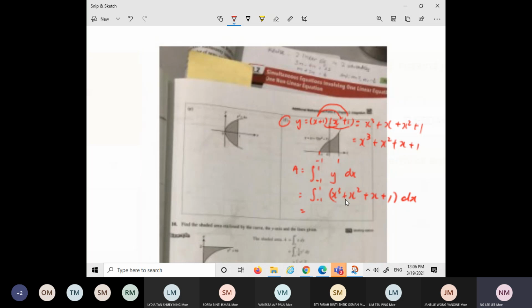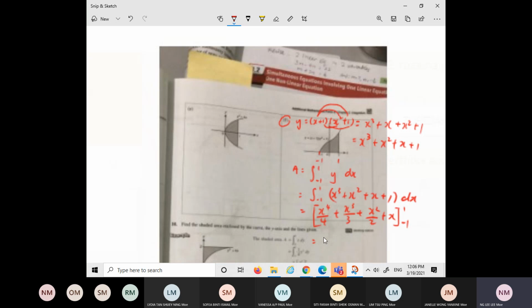So far still correct, Janelle? Still same like yours? Yes. Okay, so integration: x to power 4 over 4, x cubed over 3, x squared over 2, and then x. No need for c because this is a definite integral, from 1 to negative 1.